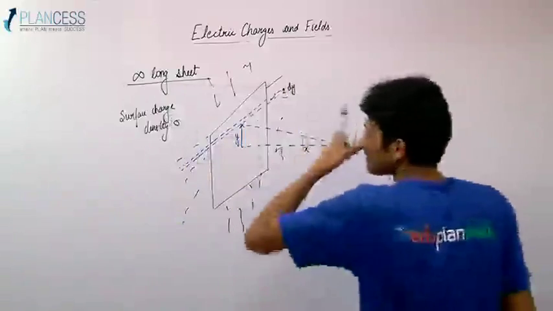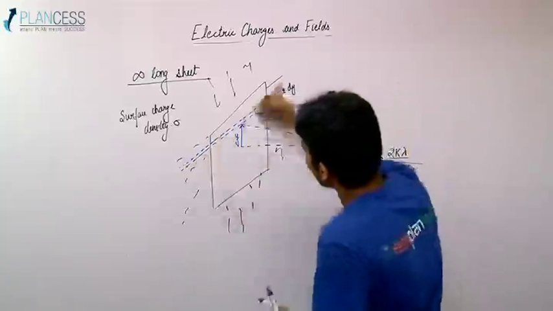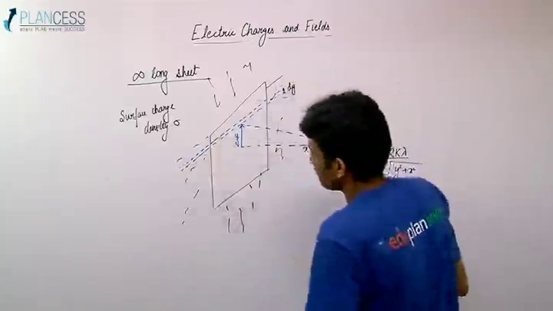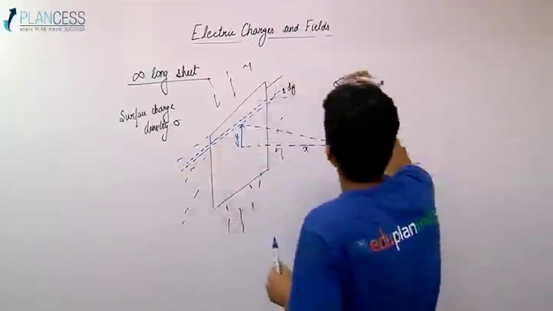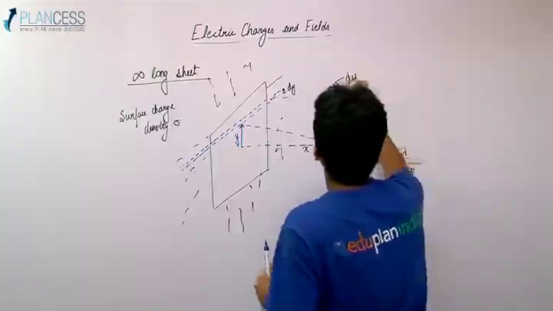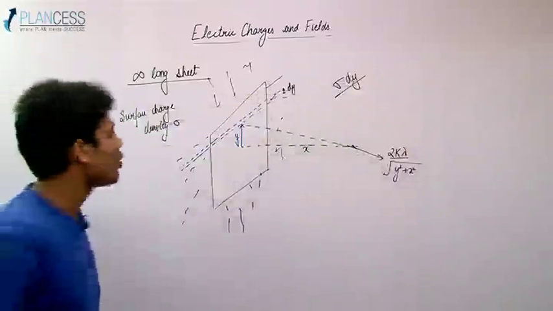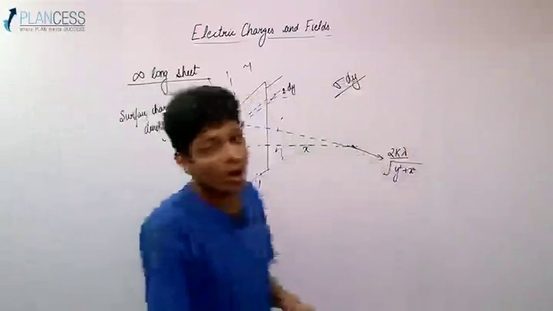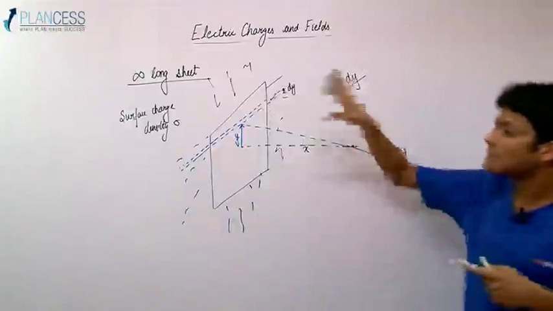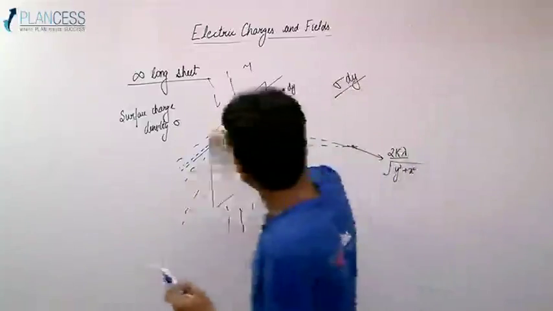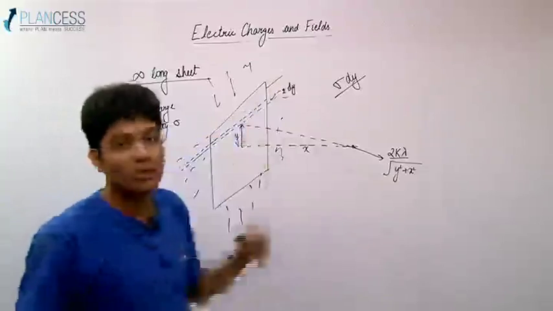Since the surface charge density is sigma, and sigma is charge per unit area, if I multiply it by the width, that is dy, I get the linear charge density of this infinitely long wire, because I cannot write the area of this infinitely long wire. So to get the linear charge density, I multiply the surface charge density by the width of this wire, and thus get the charge per unit length of this wire.